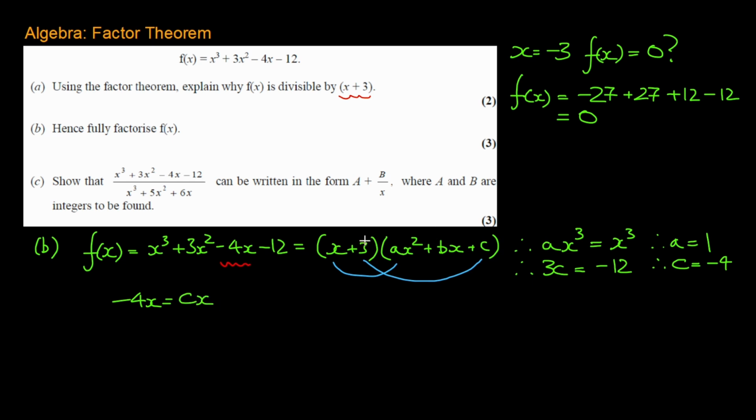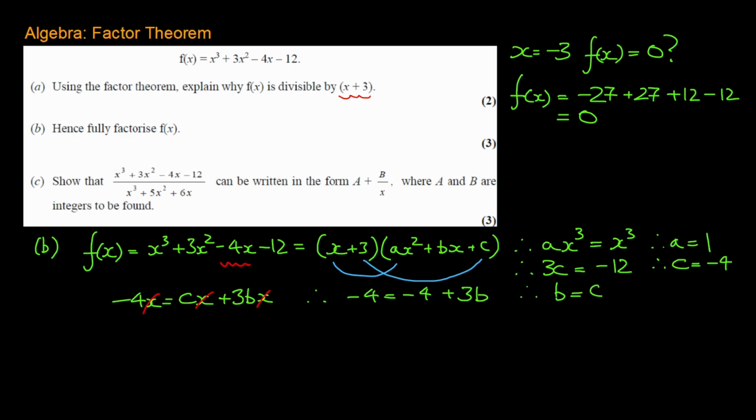Now multiplying by the 3, no, yes, this one here, 3bx. So I can say plus 3bx. Yet again, we can now cancel out the x, and we get negative 4 is equal to, well, c we know as negative 4, plus 3b.